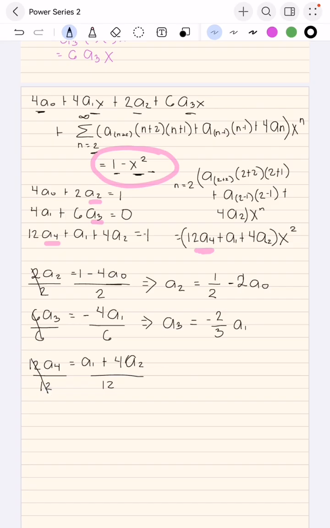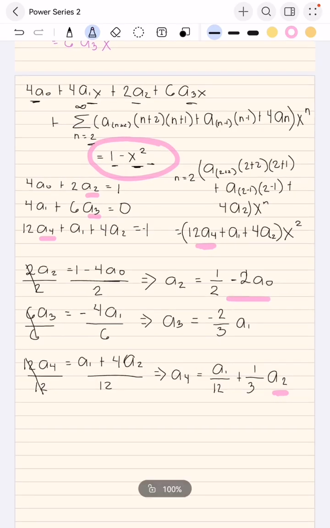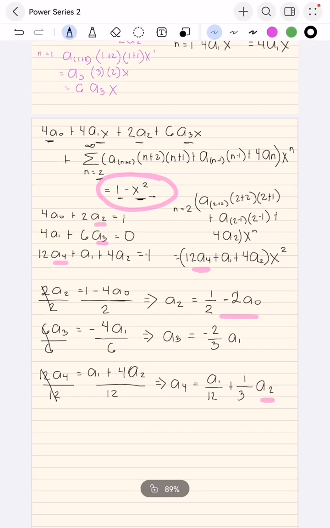So this would be equals to a4 is equals to a1 over 12 plus 4 is 1 over 3 a2. But we know that a2 is this one. So this would be a4 equals a1 over 12 plus 1 third.